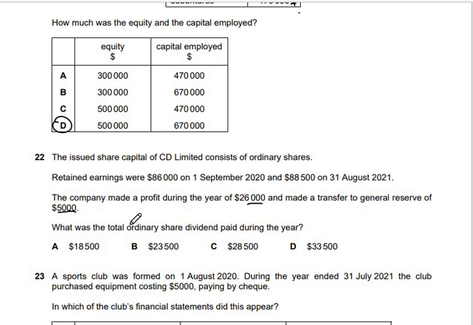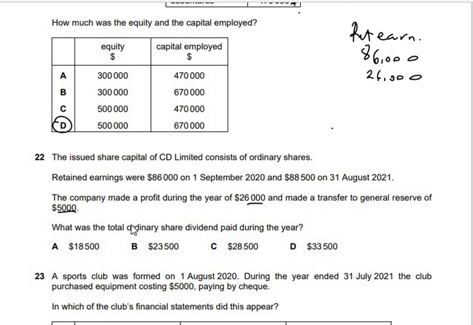Okay, so in this case, let me use this space here to remember how the statement of equity is made, and I'm looking at the side of retained earnings. So in the retained earnings column, we had the balance at the beginning, which was 86,000, and we add the profit. So the profit is 26,000.